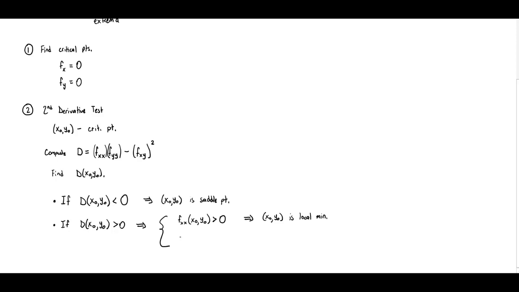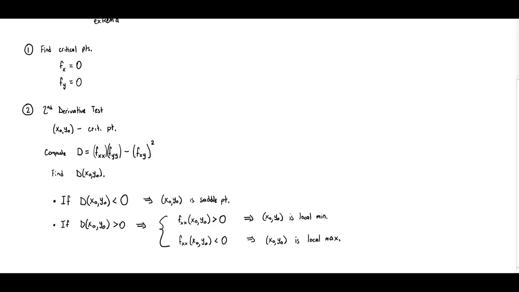And if instead fxx at the critical point was negative, then the critical point would be a local maximum instead.